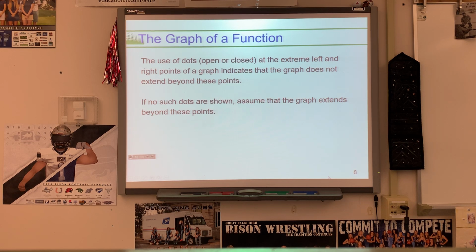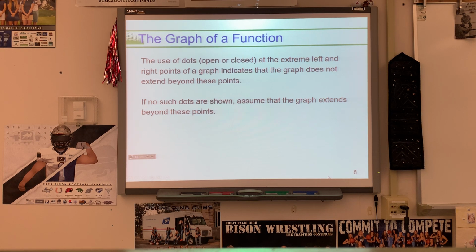In our book, if they don't want the graph to extend further on, they're going to put visible dots as endpoints to a function. Otherwise, you'll just kind of see the graph continue to trail off. And that would be an indication that the graph continues as opposed to stops. So be watching for that.